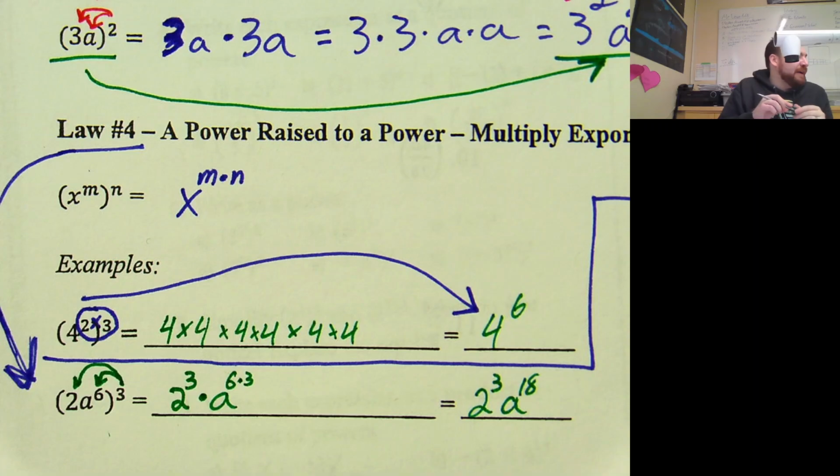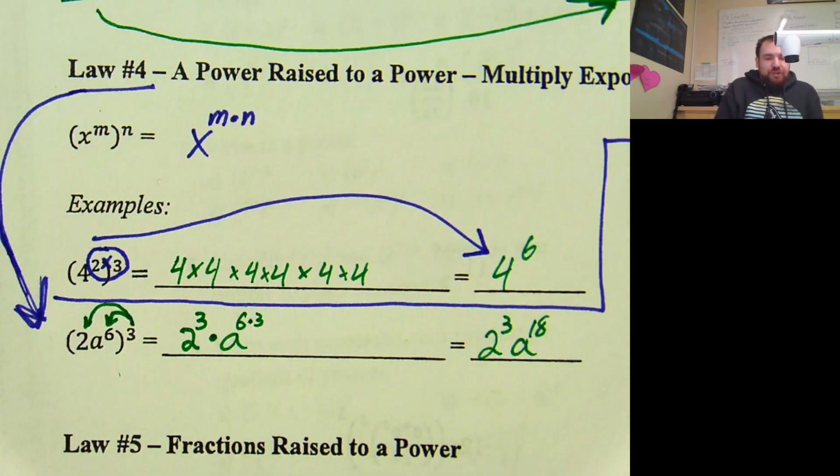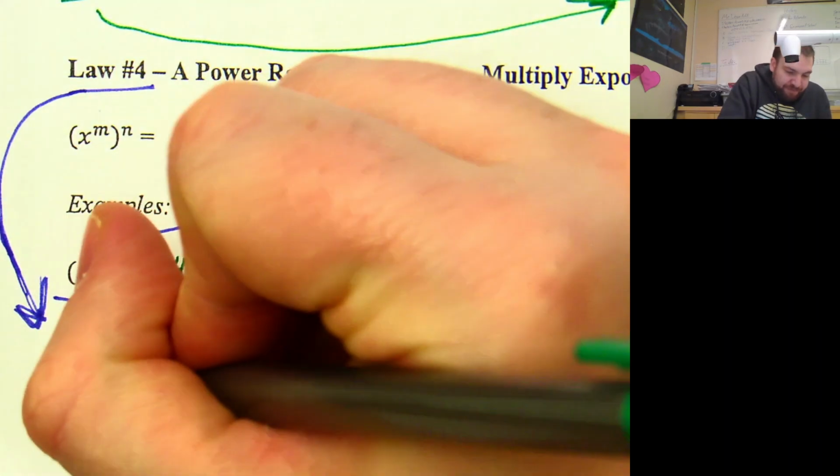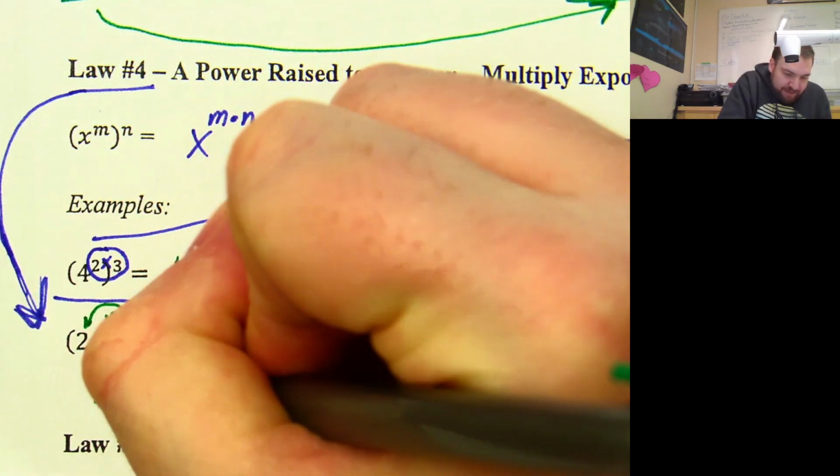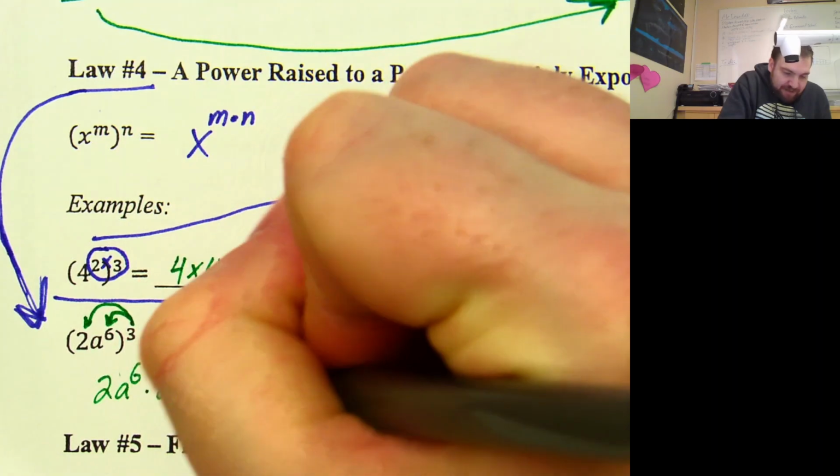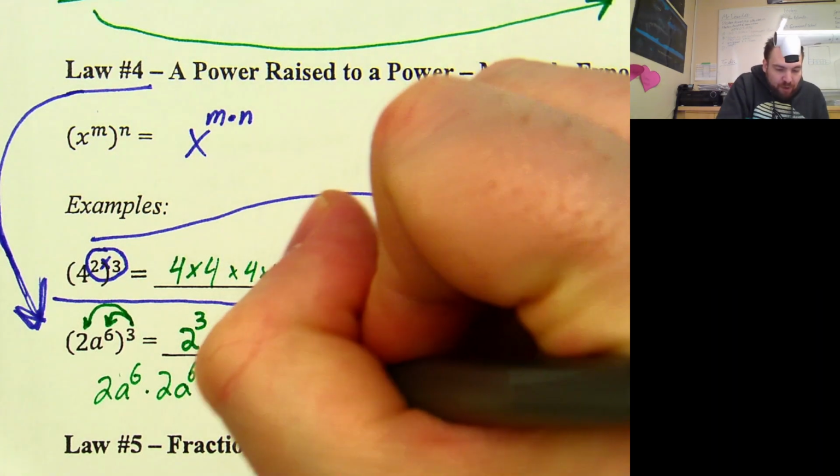Does anyone want me to show you the long version of it using repeated multiplication? Are these questions, or you want to see it? Want to see it? Okay. So the other way I could show it to you, if I have 2a to the 6 and then cubed, I could write it like 2a to the 6 times 2a to the 6 times 2a to the 6, which I could rejig.